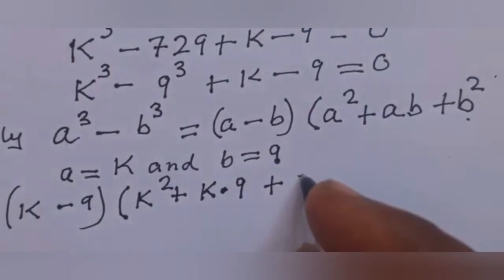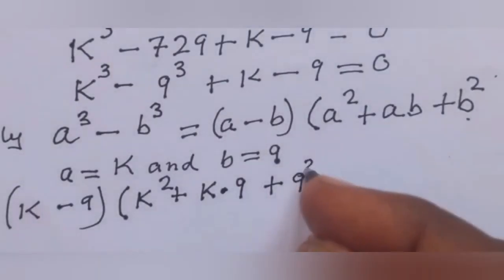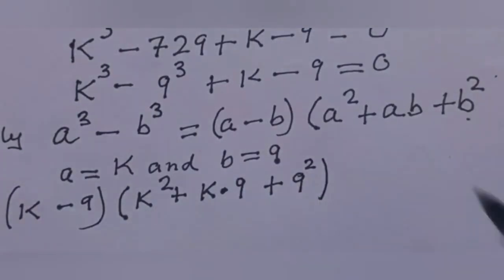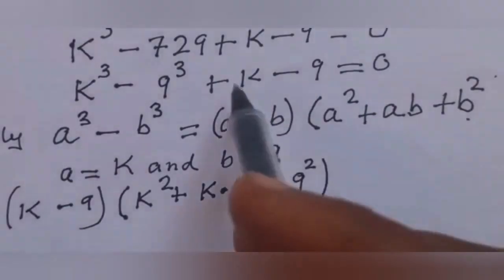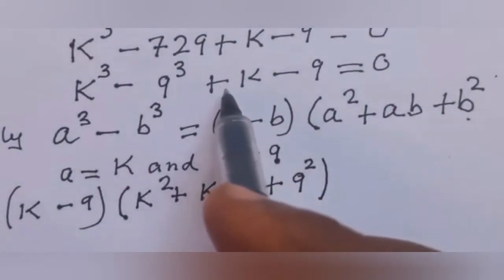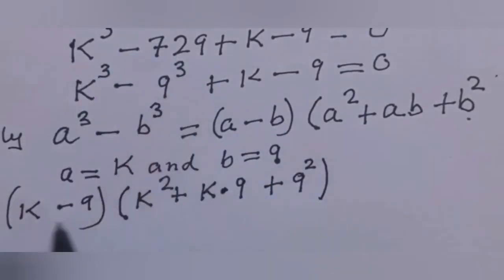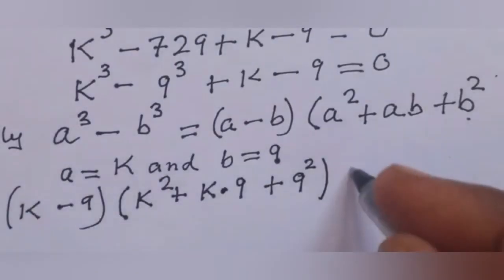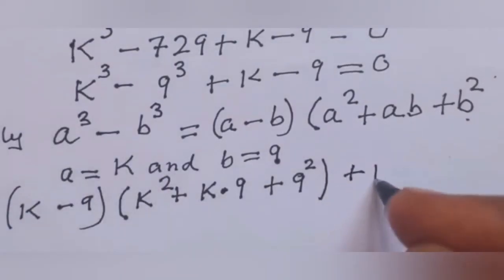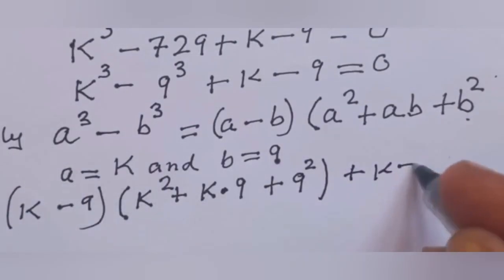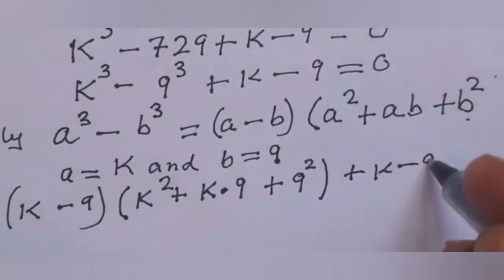B is 9, so we have 9 squared in the bracket. Then we are going to write this expression. This one, we get this one. Plus k minus 9.